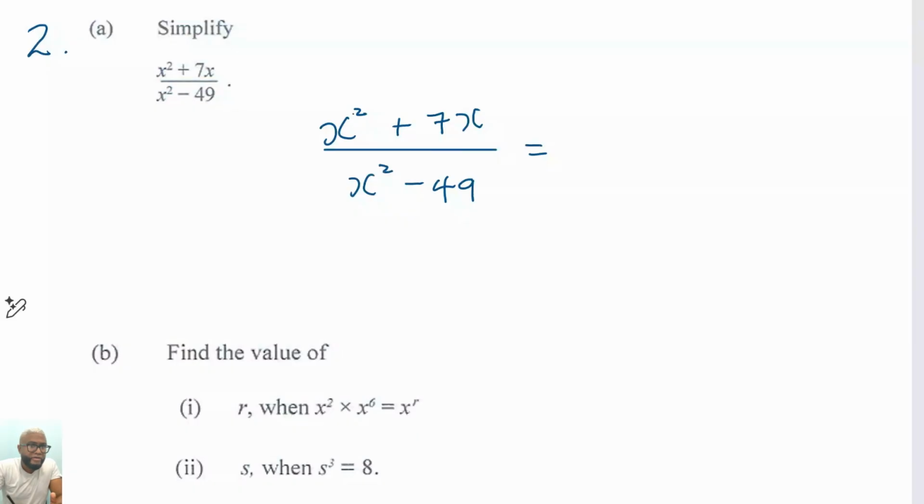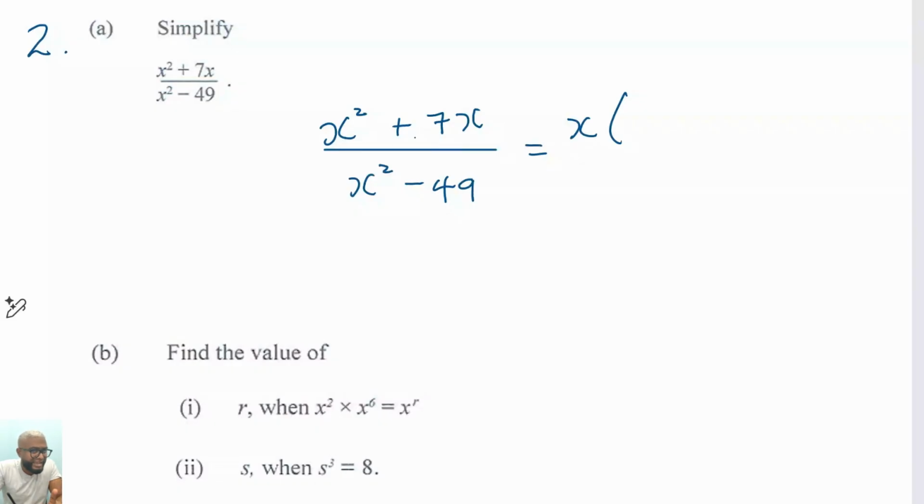So let's go. We factorize it. What could go into x squared and 7x? What are we factorizing out there? Anybody? Belt it out. X. Hey, bro, we're on part A. You're on the wrong part.